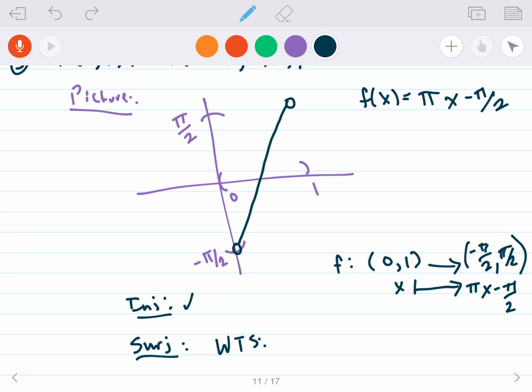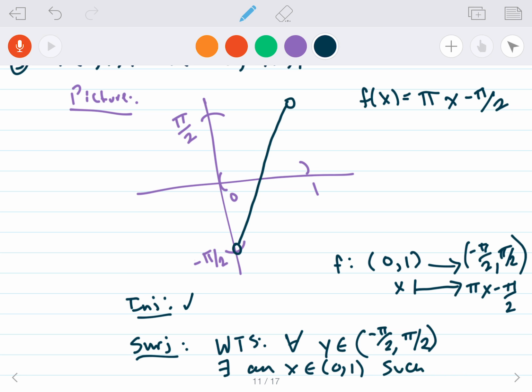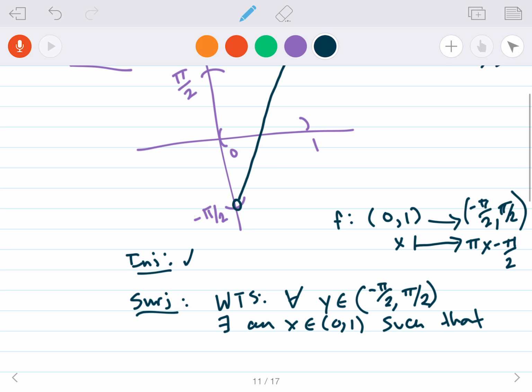We want to show that for all y in negative pi over 2 to pi over 2, there exists an x in 0, 1 such that f of x is equal to y. Okay, that's what we're trying to show.